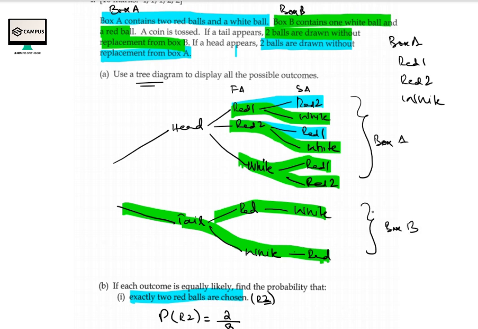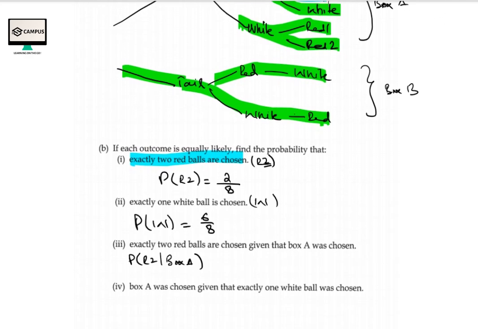When box A was chosen, this branch and this branch were the ones where exactly two red balls were chosen. However, when we limit ourselves to box A because of the conditional probability, the total number of branches in this scenario, one, two, three, four, there are a total of six branches here, right? We are limiting ourselves to box A only. Why? Because the question asks for the probability of two red balls, given that box A was chosen.